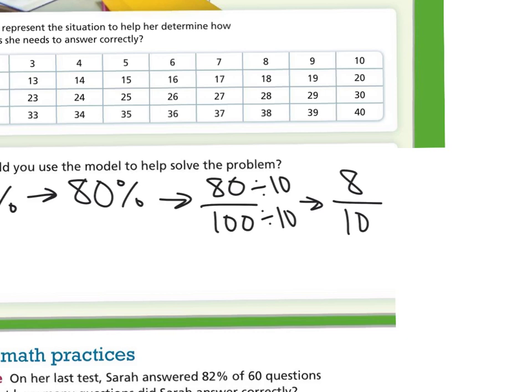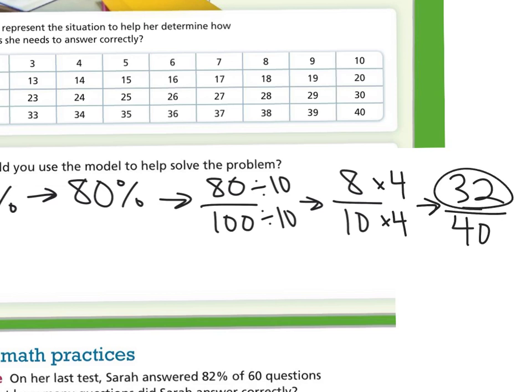So we actually overshot it now. We've got not enough questions, 8 out of 10 questions, but that's okay because from there we can multiply both of those by 4, and that would be 32 out of 40, which means she would need to get 32 questions correct out of 40 in order to get about that 78%.